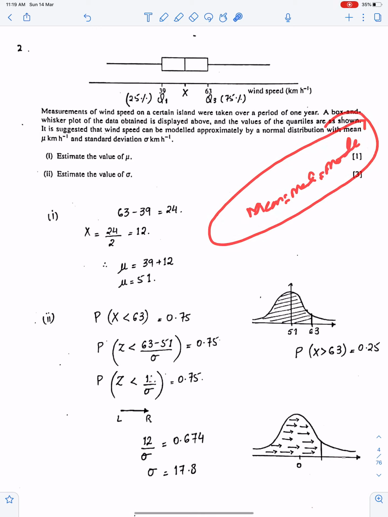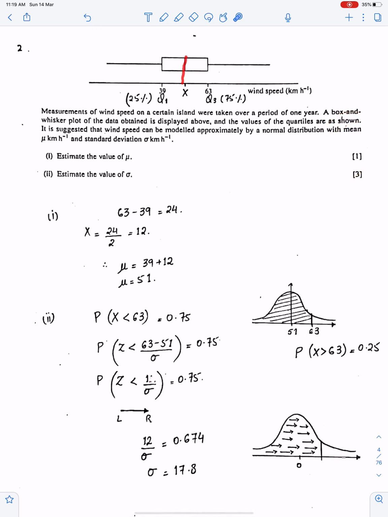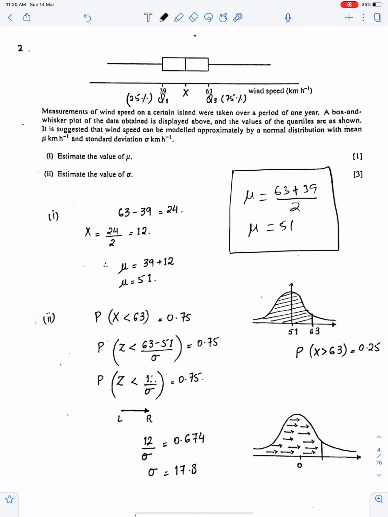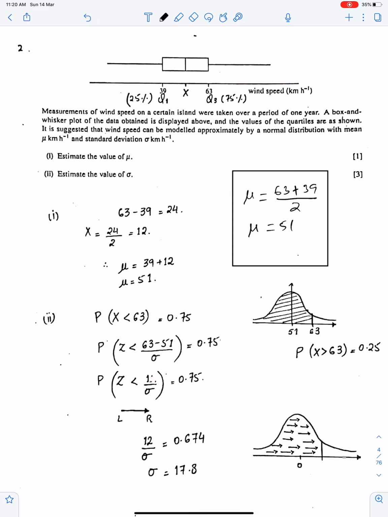So the median of this box plot is the average of these two numbers, 39 and 63. If you take the average of these two numbers, you can easily get 51. Do this solution. Mu is 63 plus 39 over 2, the average of these two. So it's 51. This is the way to get mu.